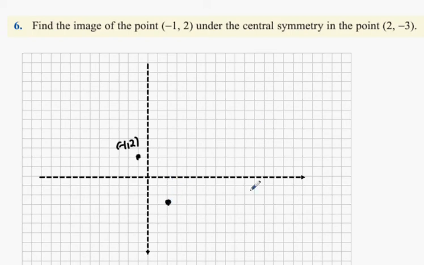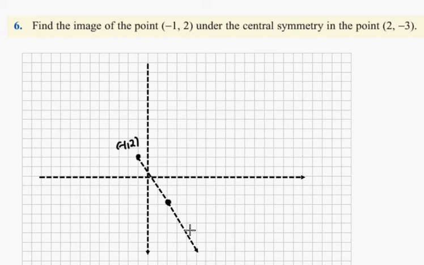There we are. Can anybody tell me what central symmetry actually means? You have to go through this and out the same distance. That's central symmetry. So we go down 5, across 3, then we go down another 5, across 3.